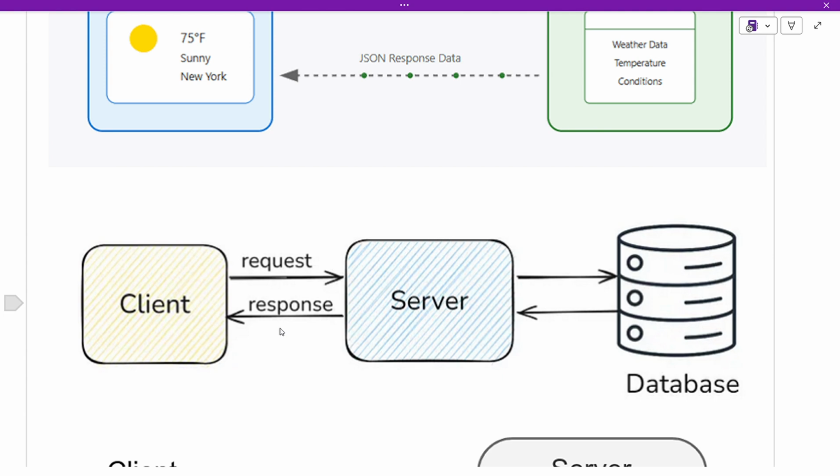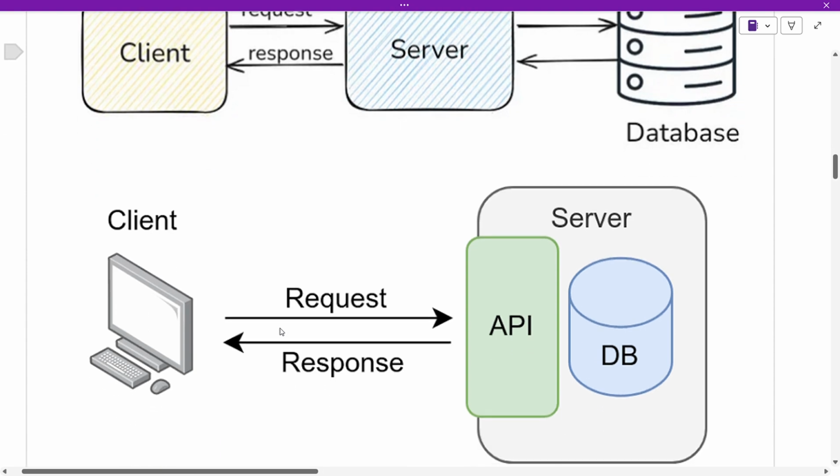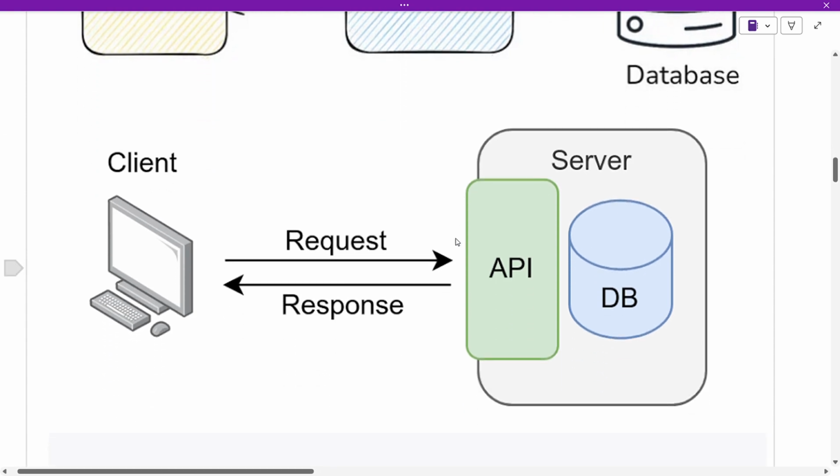Then how is it going to tell the other systems that these are the endpoints that I'm exposing, you can make a call to these, and this is the format of the response that I'm going to give? This sort of agreement will be provided using APIs.